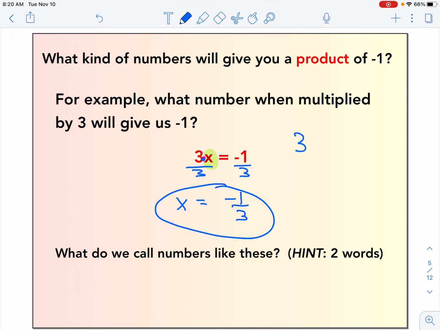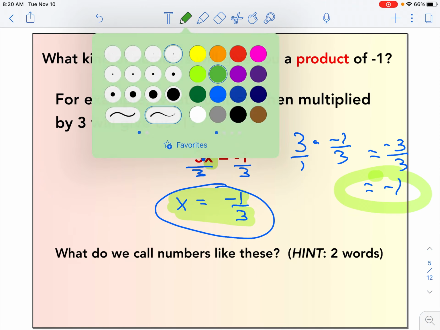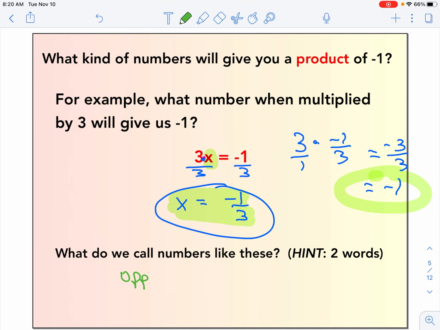So if we take 3 and multiply it by -1/3, notice we get -3 over 3, which equals -1. So x equals -1/3. What you should notice is that these numbers are called opposite reciprocals. Opposite means it's a different sign, positive or negative.